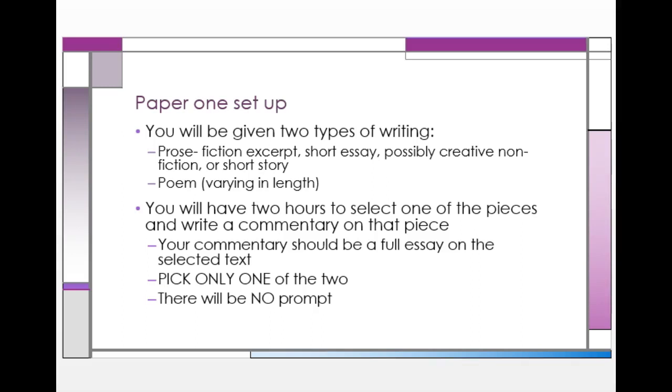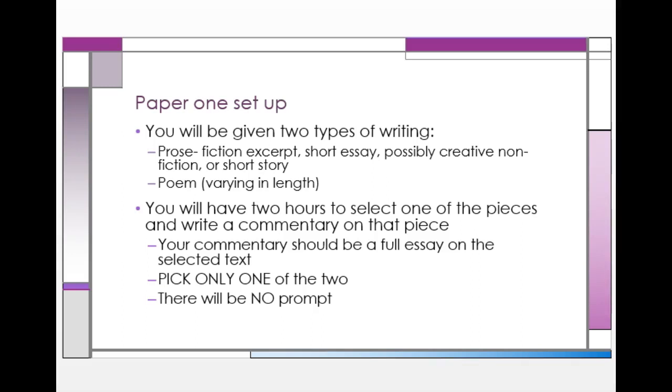So you would look at things like plot, characterization. You could potentially look at metaphors and imagery and allusions as well in fiction, but perhaps that would be a little bit more difficult. So you can focus on the more overarching concepts like theme, as well as, like I mentioned before, plot is a good one.